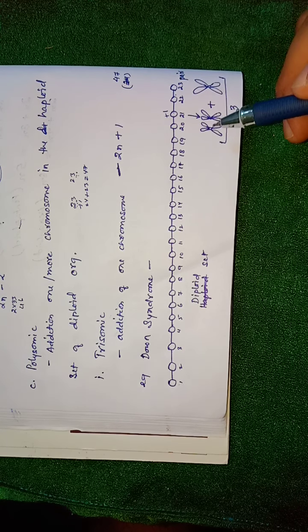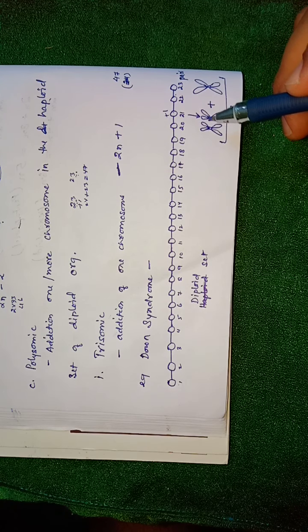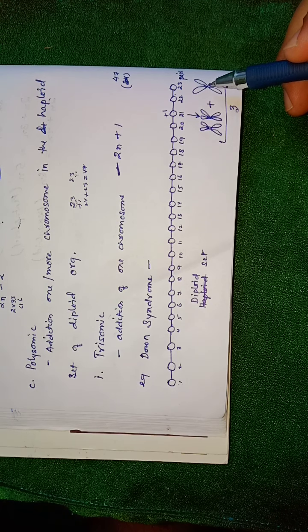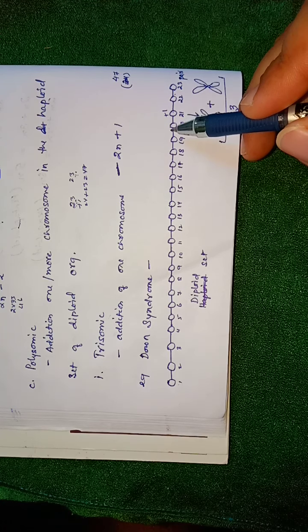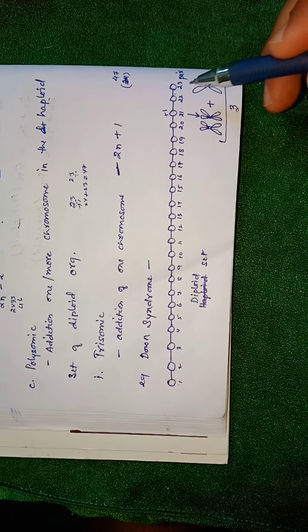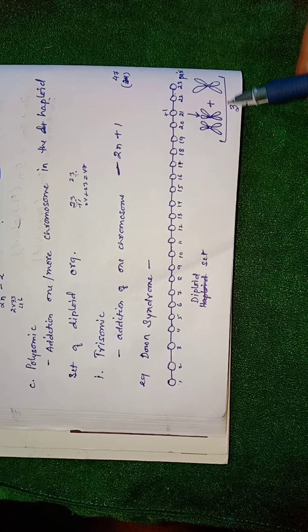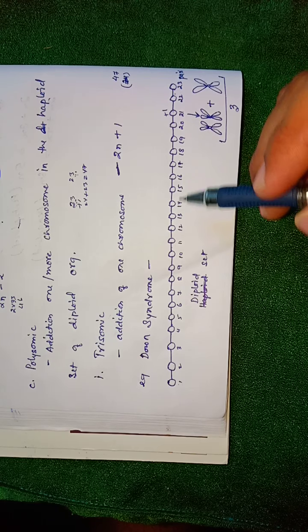And this is the extra chromosome. So in 21 the normal chromosome should be 2, that means they should occur in pair, but the addition of extra chromosome will give rise to 3 chromosome in the 21st chromosome. Other all have 2 chromosome, this side also 2, but this will have 3 chromosome. So this type of disorder is called as Down syndrome.